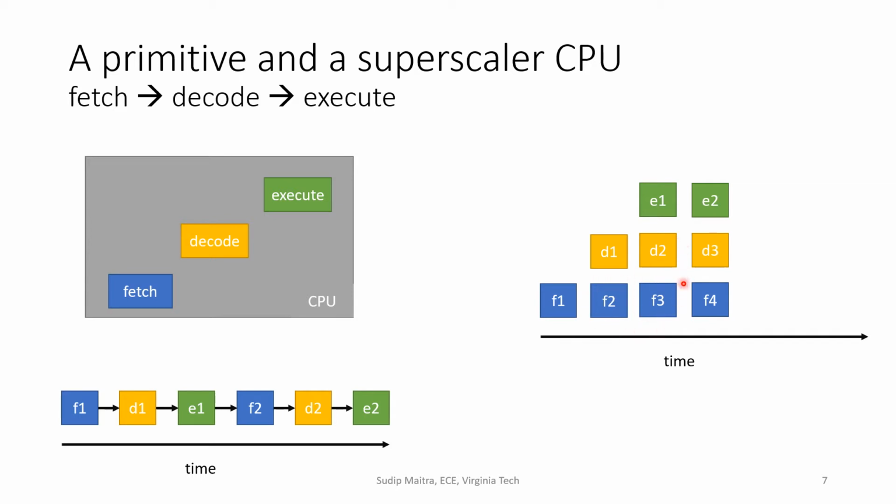And for the third, it can execute the first instruction, decode the second, and fetch the third instruction, and so on. In this way, you can see the performance is a lot better than the primitive CPU we had on our left.